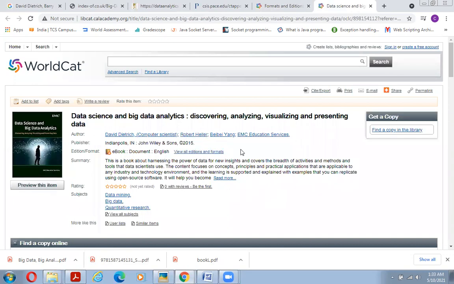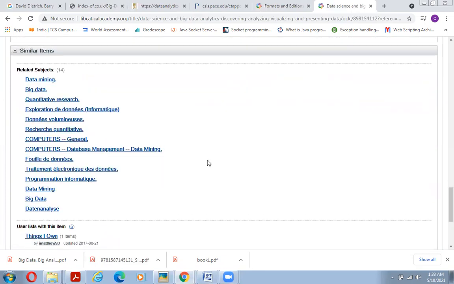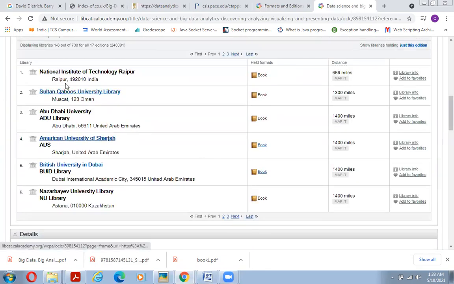So here is the book. We want to take it from a library. In the lab we have this book, in the Sultan University we have it. We are also able to get this book in the National Institute of Technology lab. See, this is how things work.